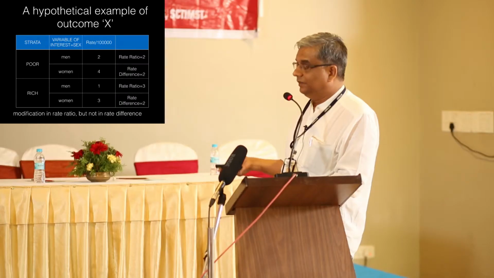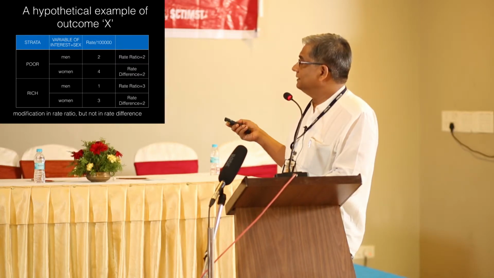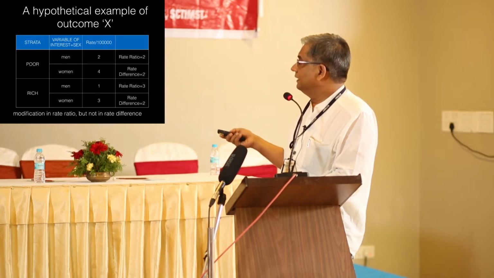And this is another example just with numbers to make it more clear. Let us say two strata, poor and rich. Let us take that as socioeconomic strata, and let us say men and women, and the disease rates are 2 and 4, 1 and 3, like that. Among the poor, the rate ratio is 2, rate difference is 2.